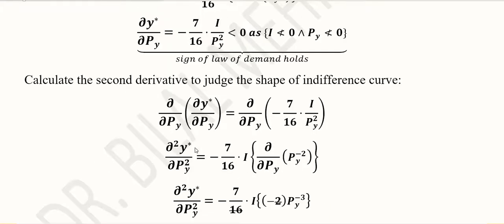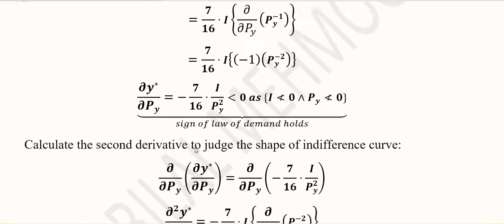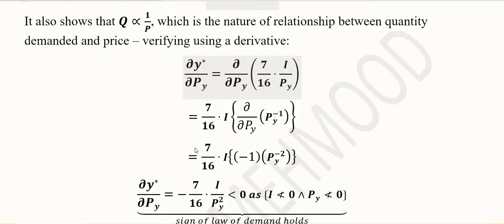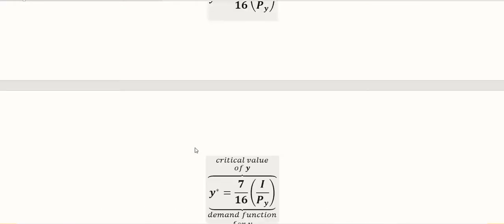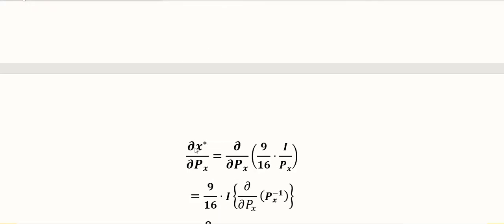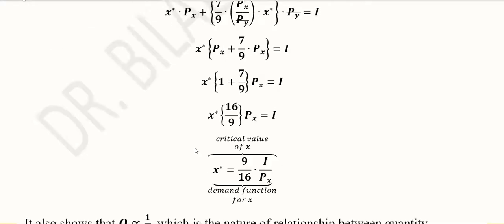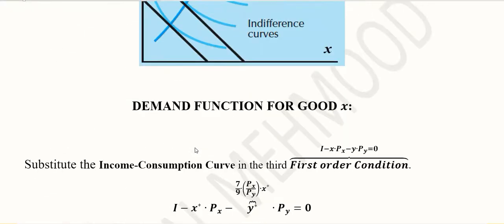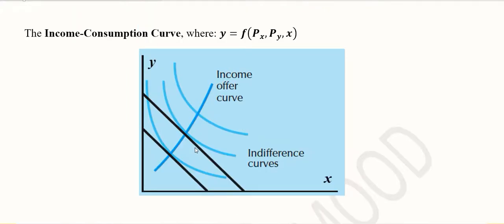So here in this video we did a little bit of analysis of the demand functions, for their relationships, for the shape of their curves, and we developed them by using the income consumption curve that we developed by using the Lagrangian function method of constrained optimization.